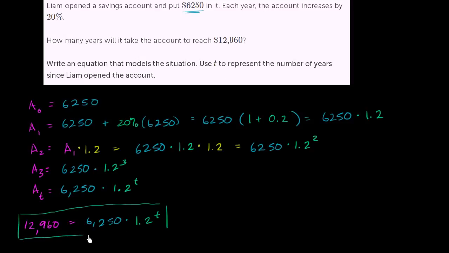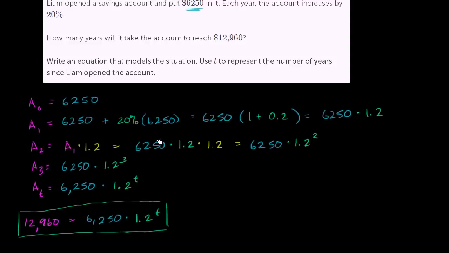And then we need to think about how we can actually go about solving this thing. Well, a natural thing is to isolate the t variable. Let's divide both sides by 6,250. So if we flip the two sides, we get 1.2 to the t power is equal to 12,960 divided by 6,250.